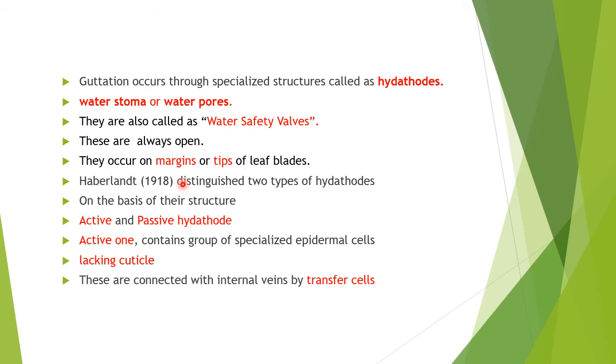Haberlandt in 1918 distinguished two types of hydathodes on the basis of their structure. One is active, another is passive. So there is a difference between the two. The active one contains groups of specialized epidermal cells which don't have a cuticle, but they are connected with the internal veins by means of specialized transfer cells.